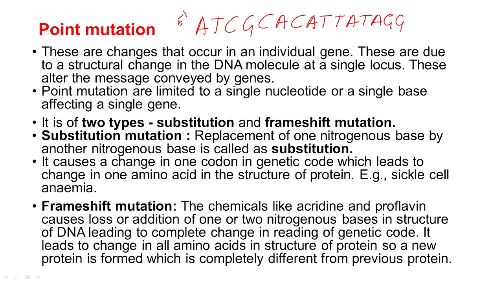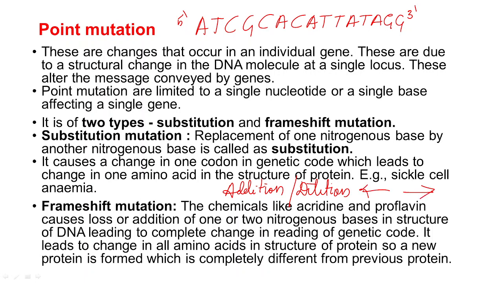This is the nitrogenous base sequence of one particular DNA strand. On one particular DNA strand, by means of addition or by means of deletion, the frame will shift to its left side or else the frame will shift to its right side.